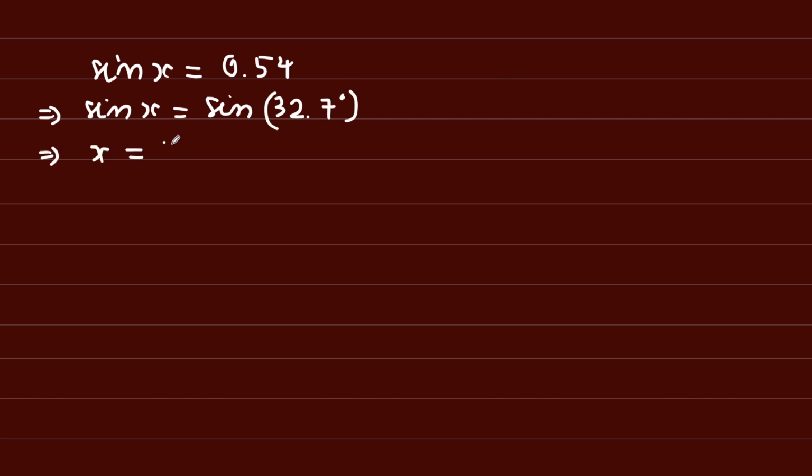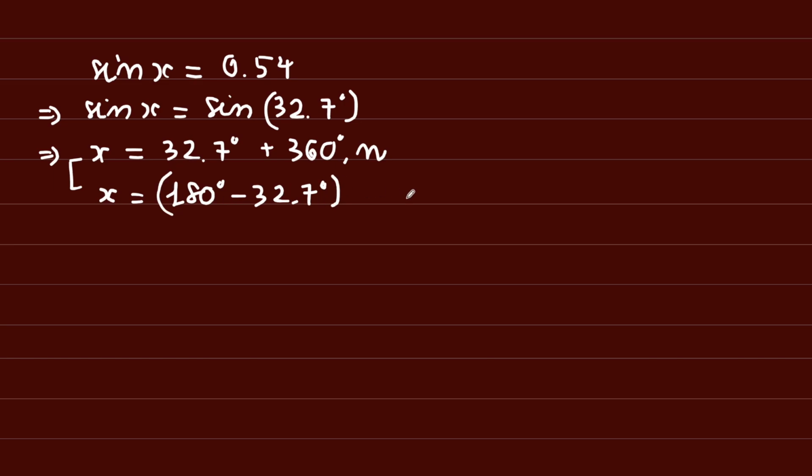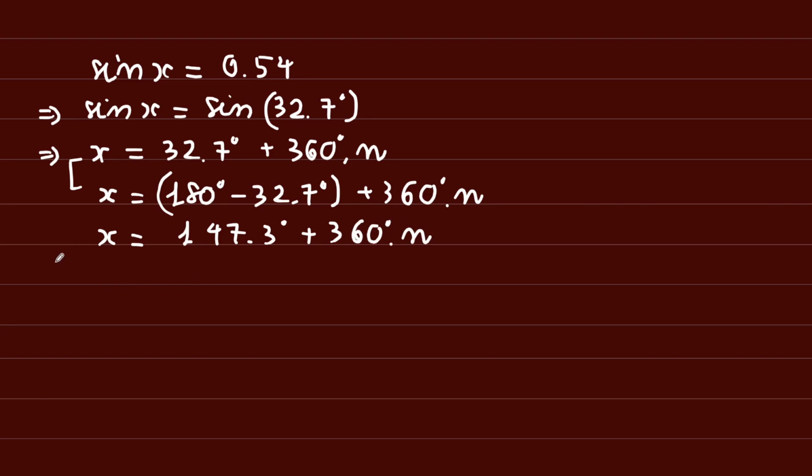Yeah, here h is 32.7 degree plus 360 degree multiply n, and the next one is 180 degree minus 32.7 degree plus 360 degree multiply n. 180 minus 32.7 is equal to 147.3 plus 360 degree multiply n. Two solutions. The first one will be like this and the second one will be here.